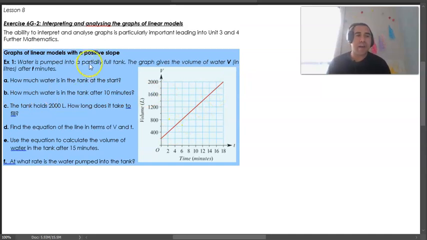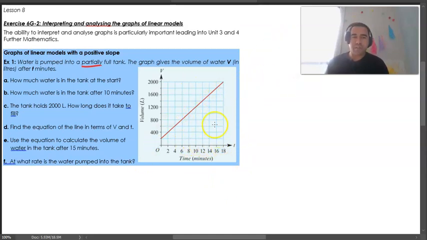It says here partially, and this is a key word to indicate that it's already got water in it at the start, and then the tank is going to be filled up with more water at a constant rate. This graph gives the volume of the water in V liters after T minutes. So after a certain amount of minutes, there's going to be a certain amount of liters more added to the tank, and this is going to keep going.